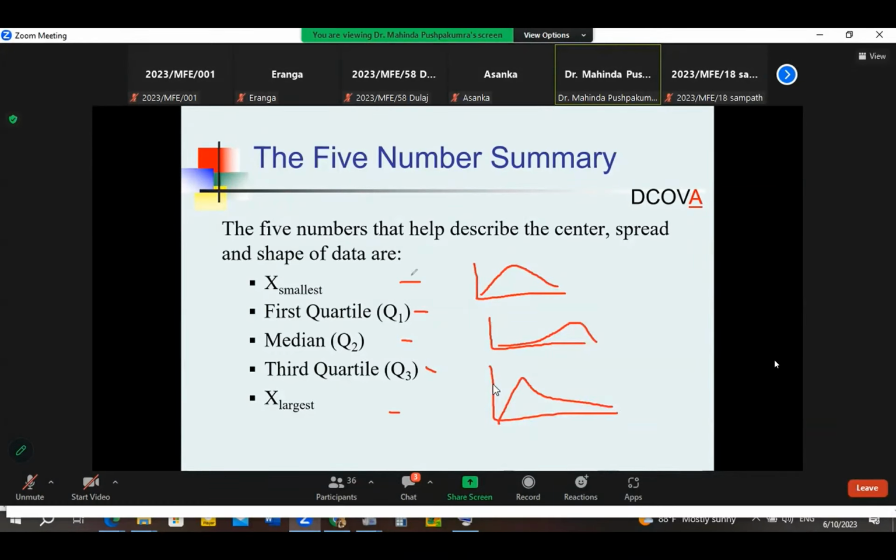Now I'm going to explain how we can identify the shape of the distribution. These 5 numbers are familiar to you now: the smallest means minimum value, largest means highest value, median is the middle value, first quartile has 25% below, third quartile 75%.